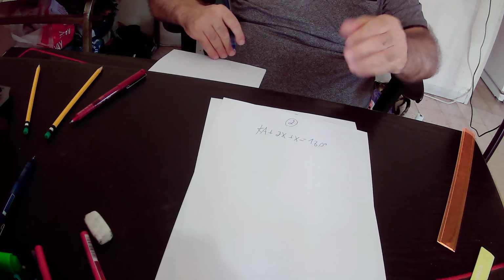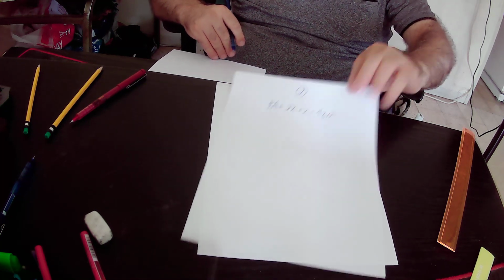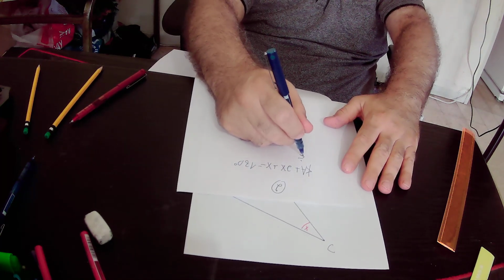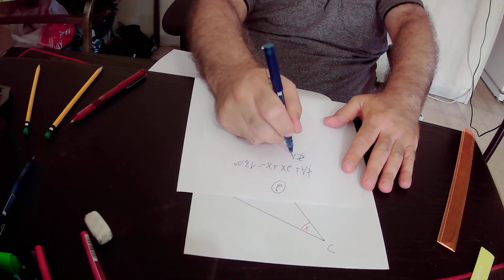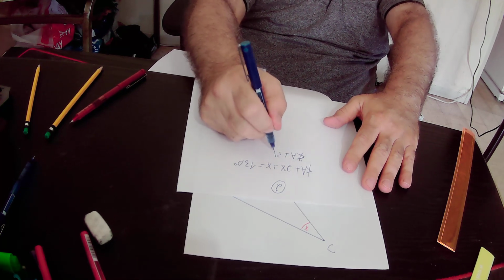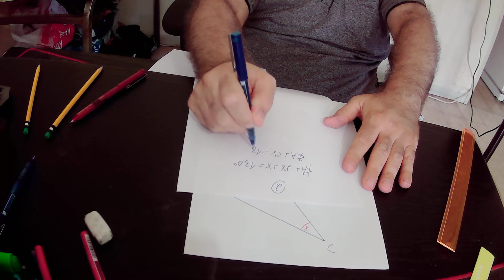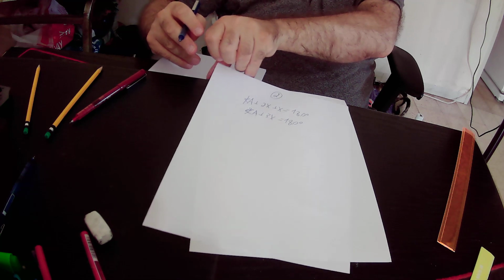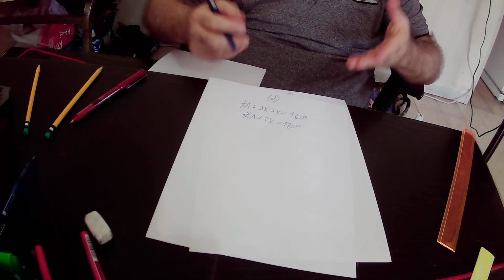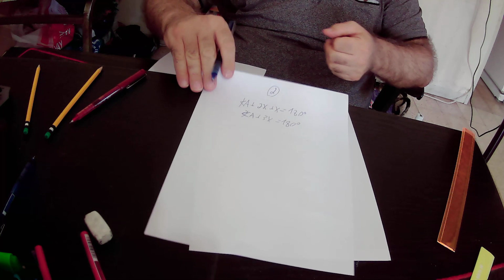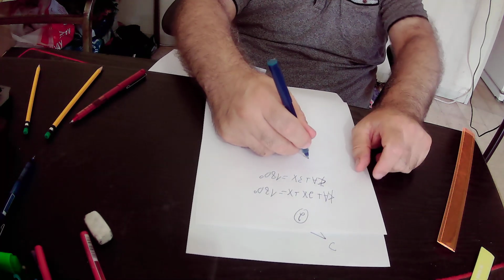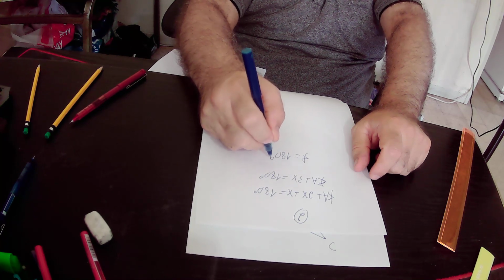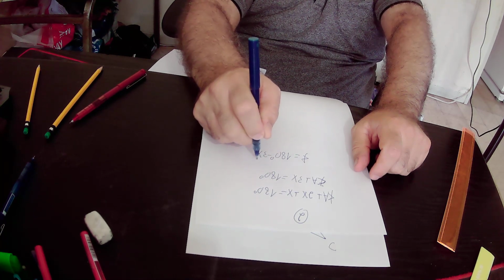2x plus x is 3x. So I write it down. So angle A plus 3x equals 180 degrees. Here we will subtract 3x from this equality in order to get the value of angle A. So angle A equals 180 degrees minus 3x in its size.